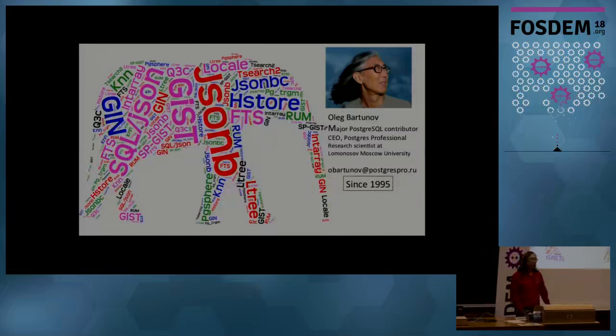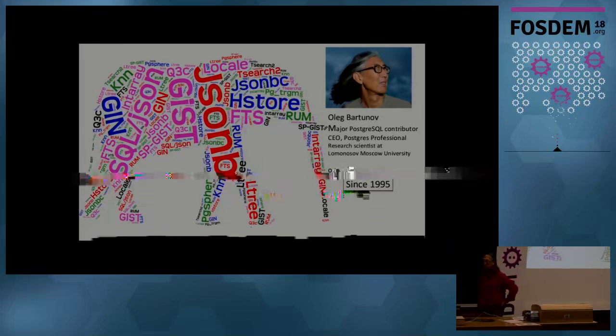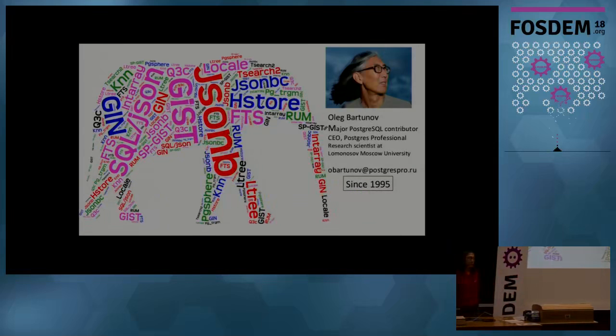We provide support, we develop the Postgres core and so on. Here is a short introduction to my contributions to Postgres. My main contributions are indexes, full text search, and non-structural data types like JSONb, HStore, and some others.